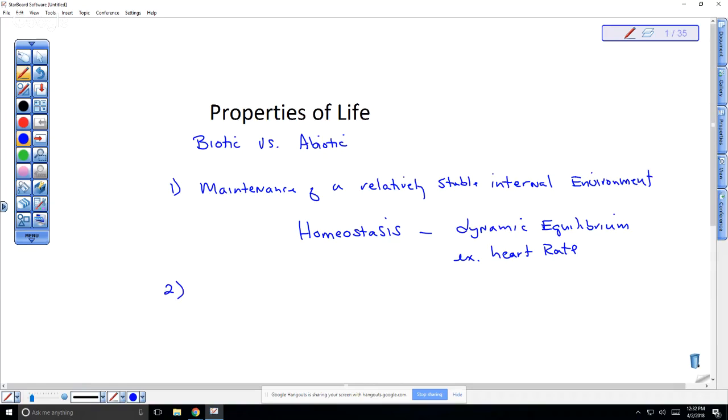The second characteristic is that you must obtain energy and nutrients from the environment. We're going to talk primarily about animals, unless we're talking about the ecology of the animal.